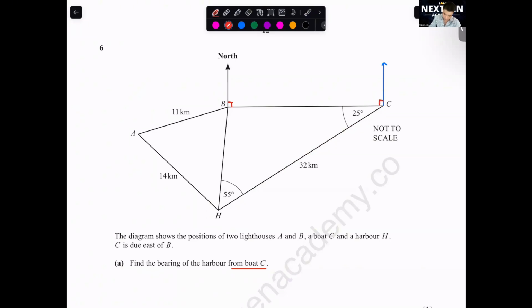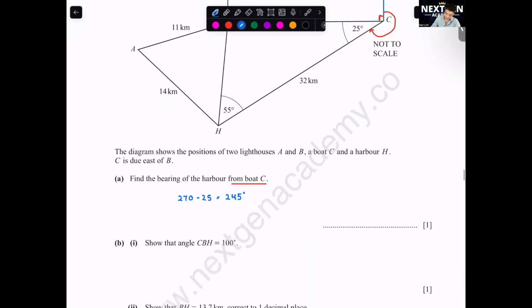They want us to find this part here. Because this is 90 degrees, this whole part is 270 degrees. So we can take 270 minus 25. We should get 245 degrees, which is the bearing.